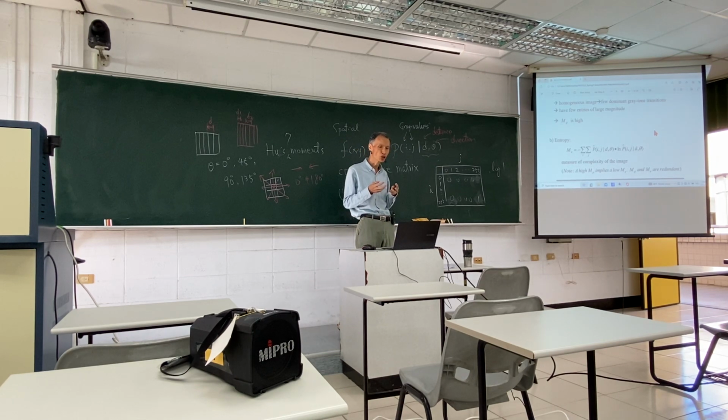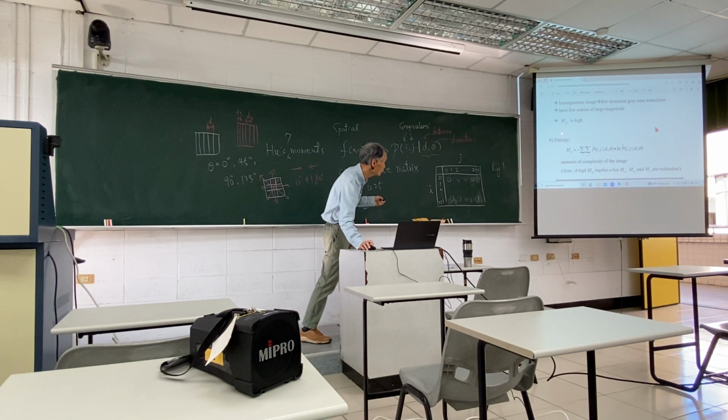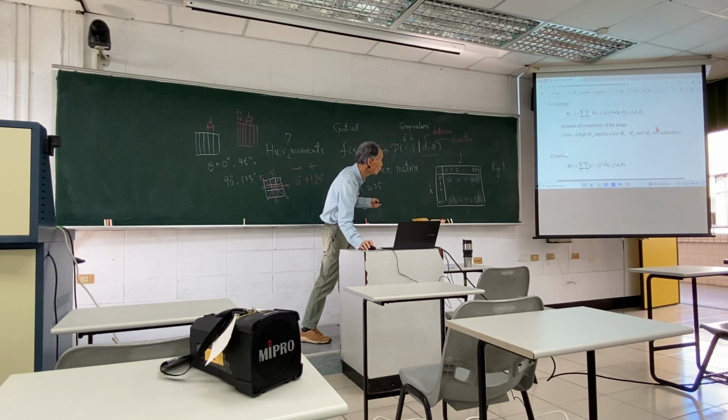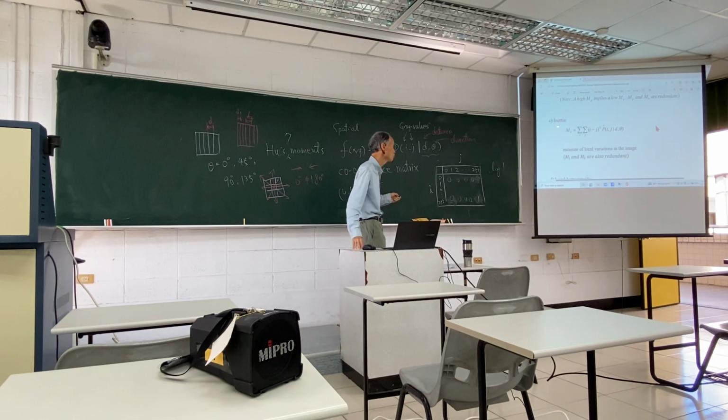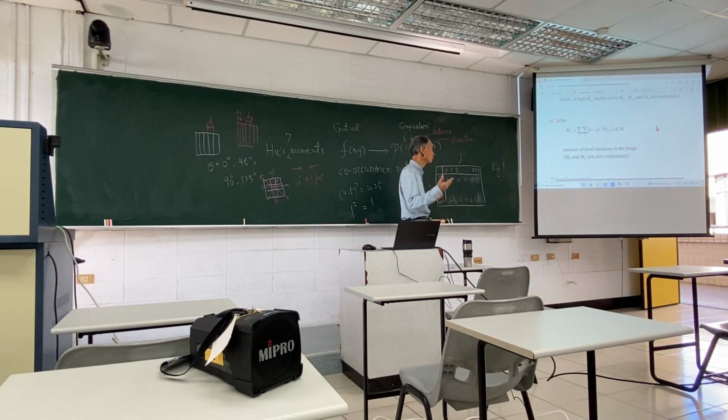But you don't need to use both because they are redundant. So you can go for the energy or entropy, or here's another definition, based on the inertia. Inertia is the difference of gray value from gray value i to gray value j.